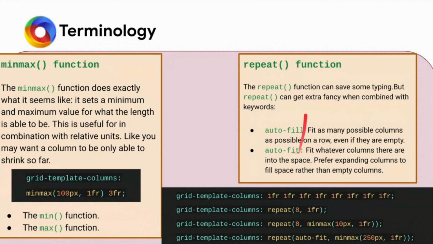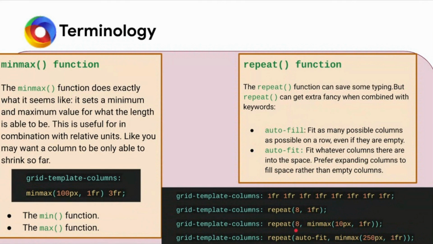And in the repeat function, instead of a number like 8, you can write auto-fit or auto-fill. What exactly will it do? It will automatically allot the number of columns based on your width size and your minmax function. Based on how much space you have on your screen, whether it is a large screen or small screen, it will automatically give the best number of results.